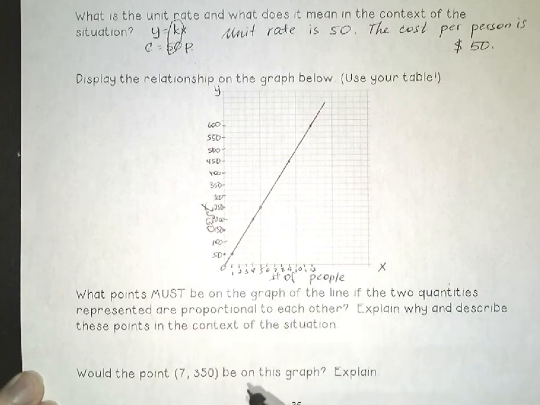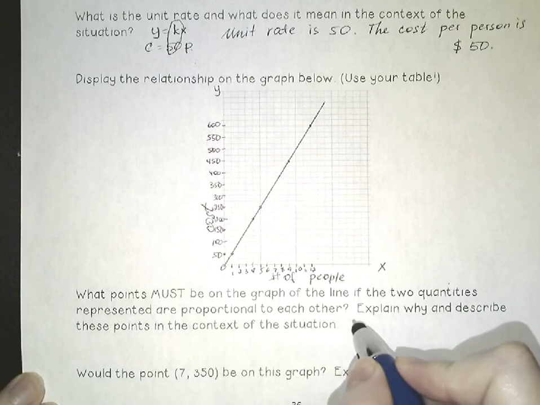What points must be on the graph of the line if the two quantities represented are proportional to each other? Explain why and describe these points in the context of the situation. One thing that we continue talking about is that the line has to go through the origin. So the point 0, 0 has to be on the graph.